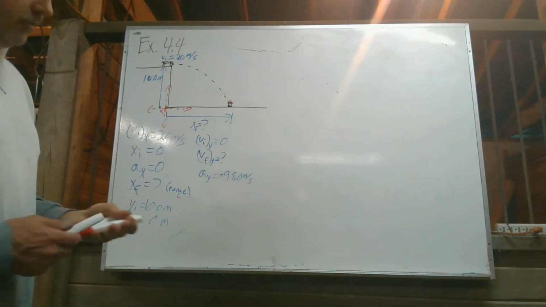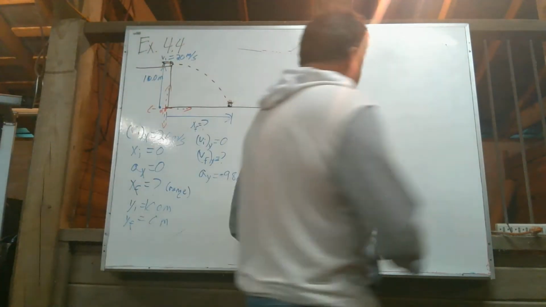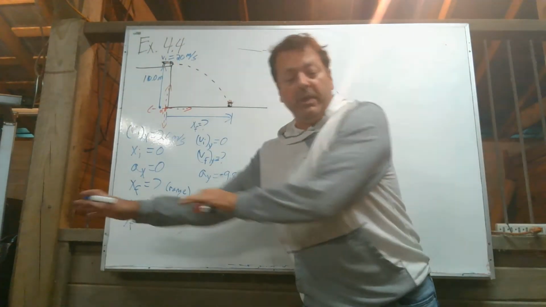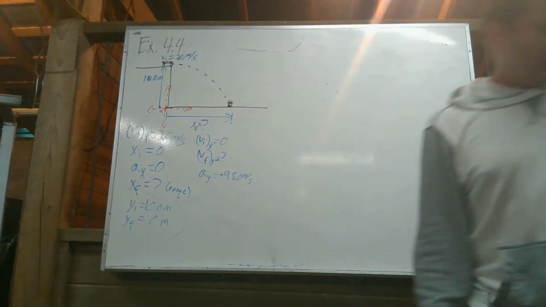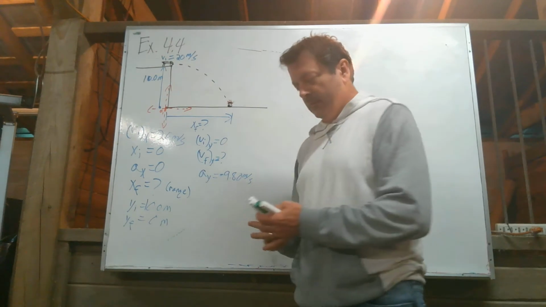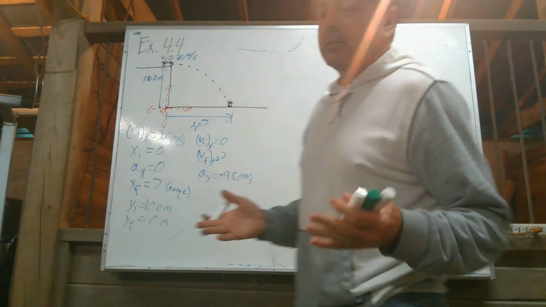Now let's think of relevant equations. But what you need to do when you're solving these problems is think of motion only in x and only in y. All right. Now, there's lots of ways of doing this.